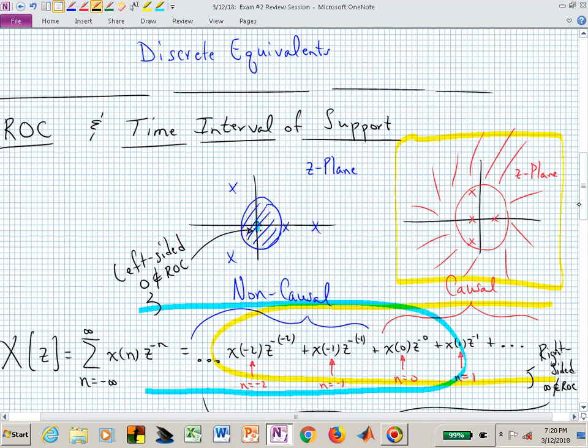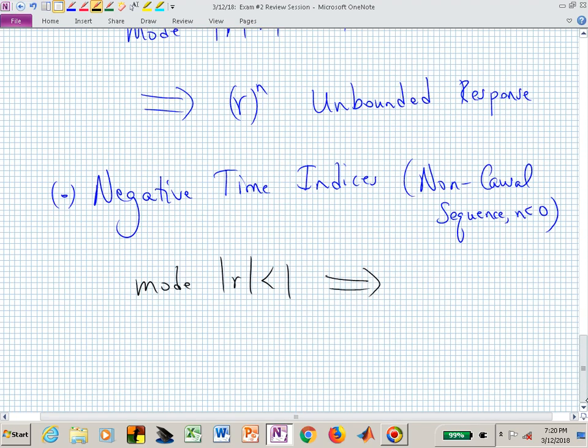We can slide back up here and say, oh, here's my non-causal region of convergence picture. Now I have an r, one of the poles that's bounding that region of convergence is less than 1. What happens to that mode when I have negative time indices? I have 1/2 to the -1, 1/2 to the -2, 1/2 to the -3. That's now going crazy, isn't it? So this now says that for r less than 1, I have an unbounded response.